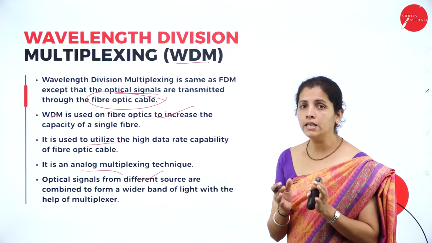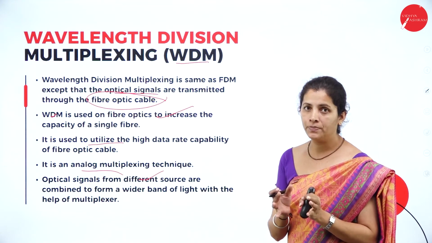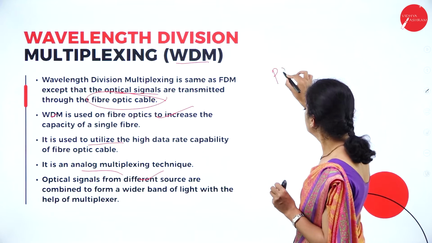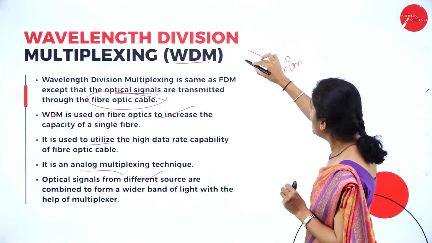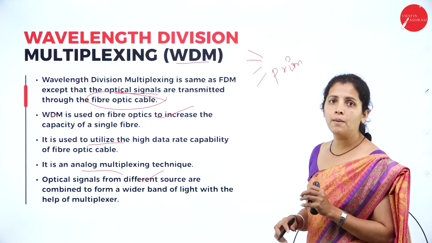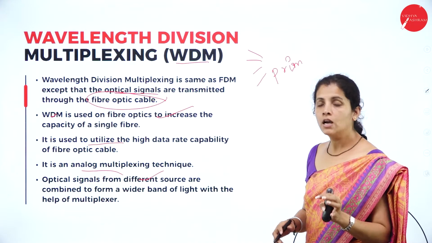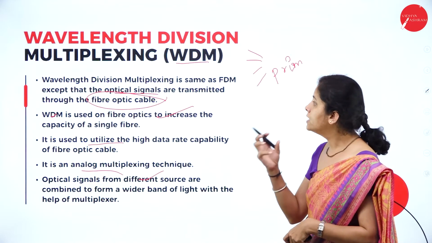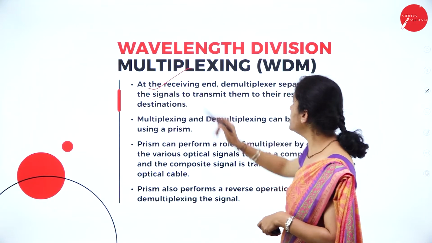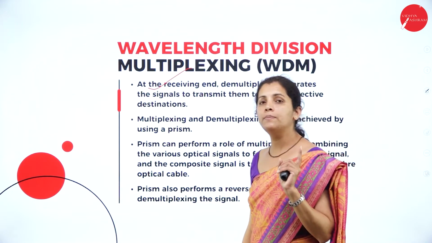So dear student, here we are going to use a prism. Now the prism is responsible for accepting n number of inputs and converting them into a single output. At the receiving end I'm going to use a demultiplexer.